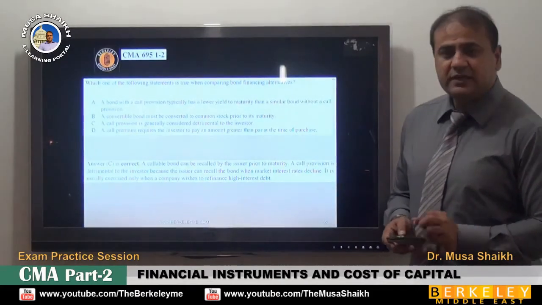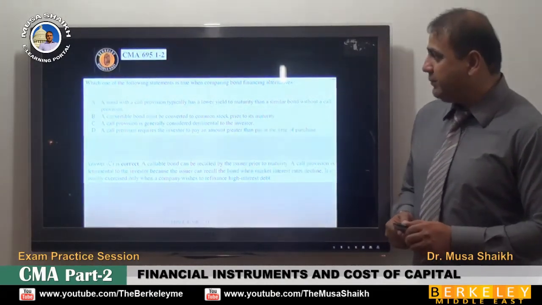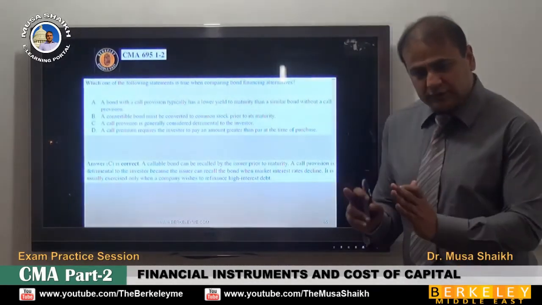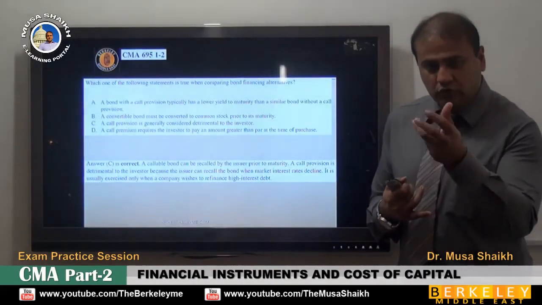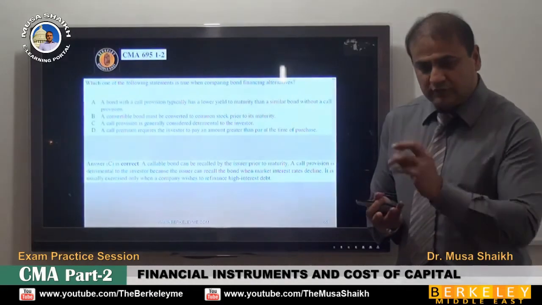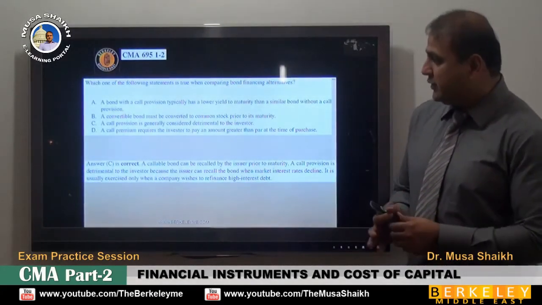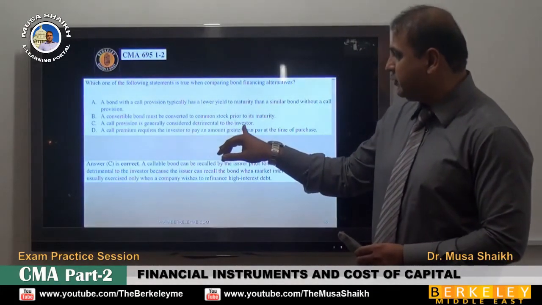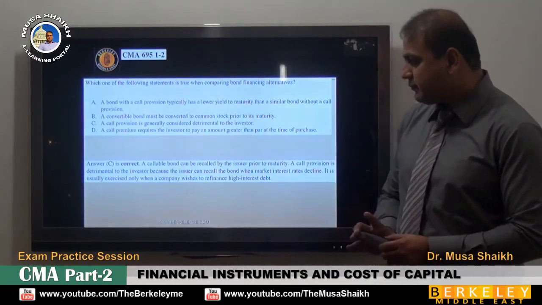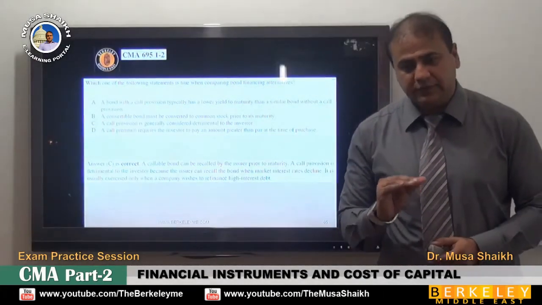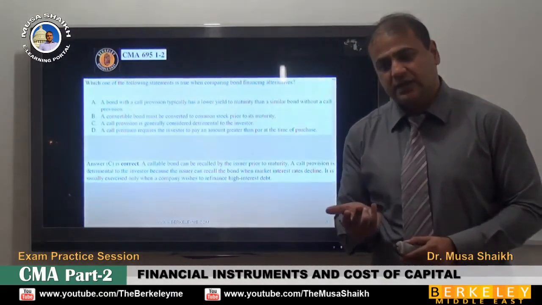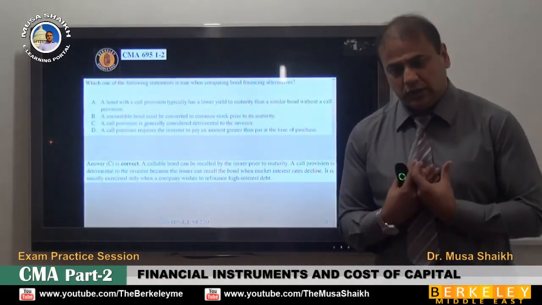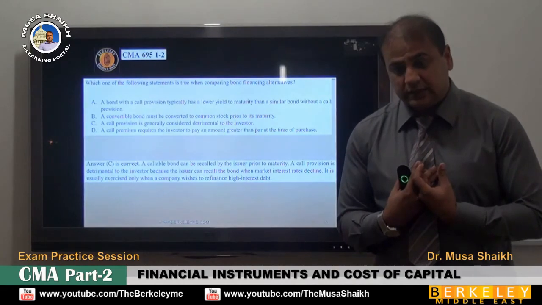Which of the following statements is true when comparing bond financing alternatives? It means when you are not issuing bonds, you have alternatives: you borrow from a bank or you raise money by selling equity. A call provision is generally considered detrimental to investors. First of all, we should know what the provisions are. One is call and the other is put. A call option is when I want to call something from the market.